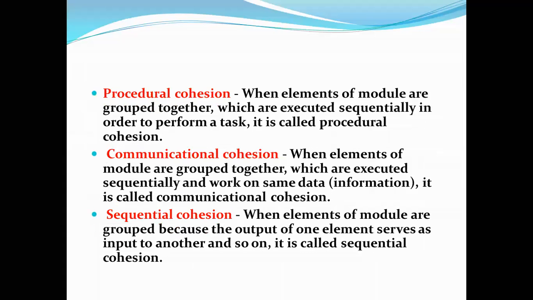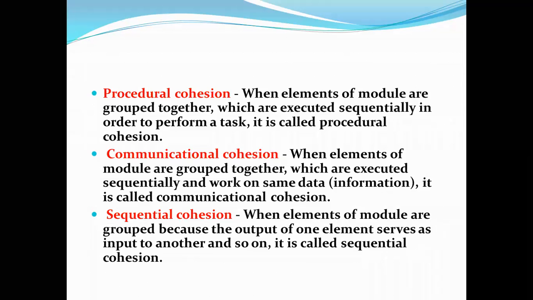Next is procedural cohesion. When elements of modules are grouped together which are executed sequentially in order to perform a task, it is called procedural cohesion. कुछ ऐसे elements we are putting sequentially. Sequential means we have components that will result in the solution to a particular problem, but we need to run those elements in the form of sequence. और procedural cohesion. एक procedural program क्या होता है?